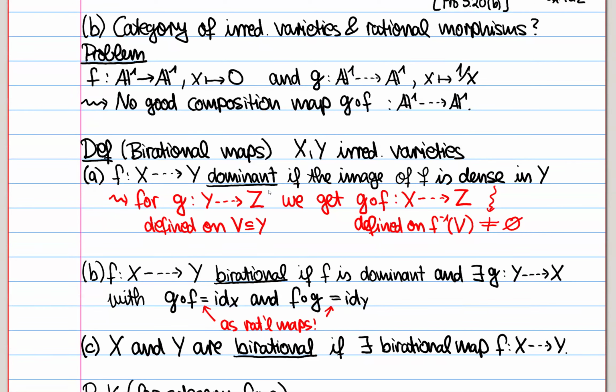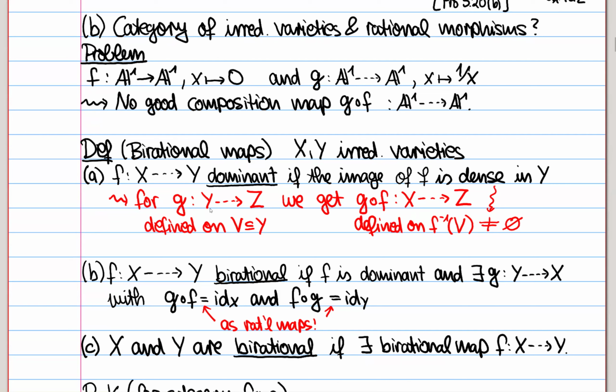Okay, and so this property of being dominant allows us to do these compositions. Namely, let's assume we have a dominant rational map F from X to Y, and let's say we have any rational map G from Y to some further variety Z. And let's say this G is defined on the non-empty open subset V inside Y. Then we claim that we can write down this composition as a rational map from X to Z. And why does this work?